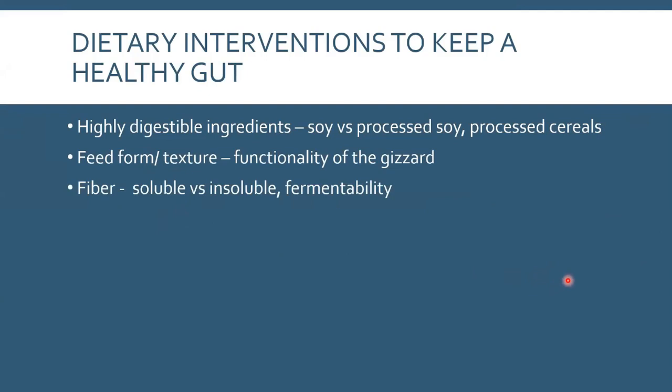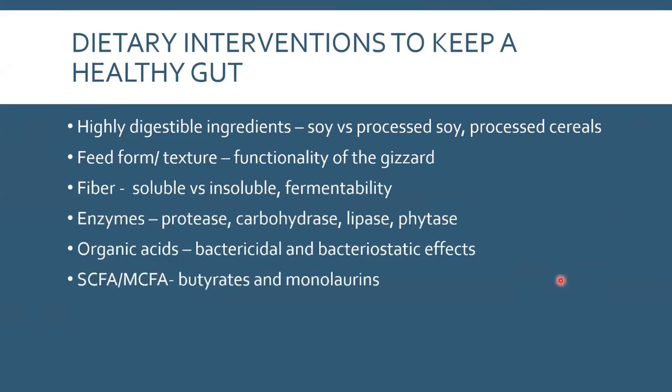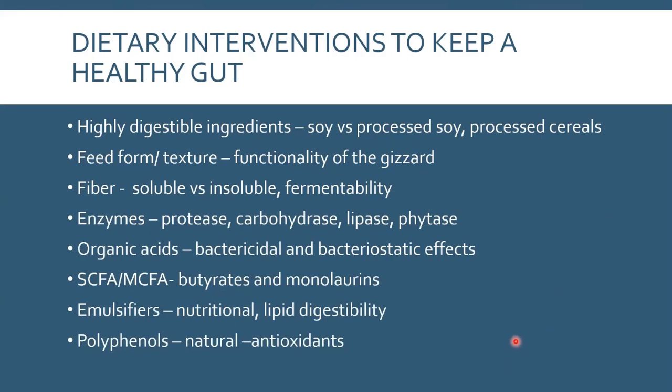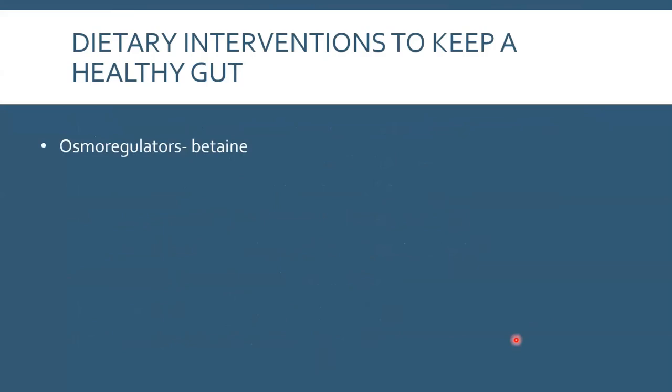We also use some fibers, and we use a lot of enzymes, organic acids, short chain fatty acids, medium chain fatty acids, particularly the butyrates and the monolaurins. We have emulsifiers to improve lipid digestibility. We have polyphenols, osmoregulators.